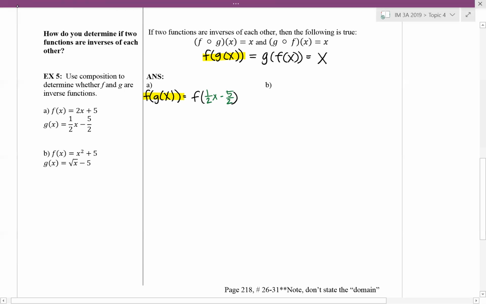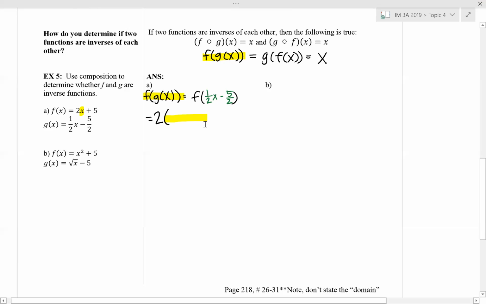So I'm taking that place of x in f of x and replacing it with the whole equation for g. Since I have 2x, I'm going to multiply that times the whole equation for g plus 5. So I'm going to replace the x in f of x with 1/2 x minus 5 halves.